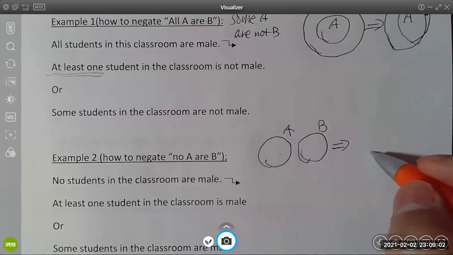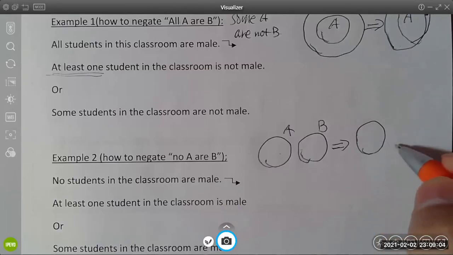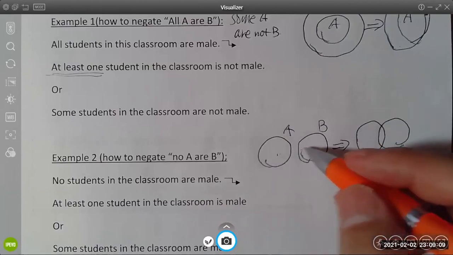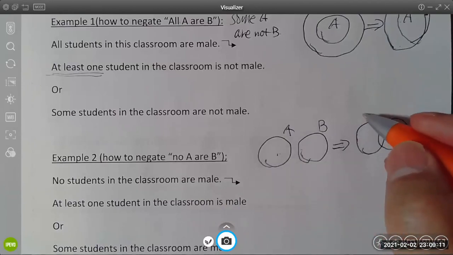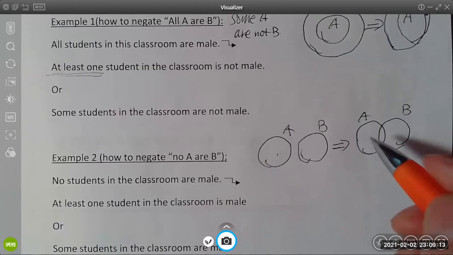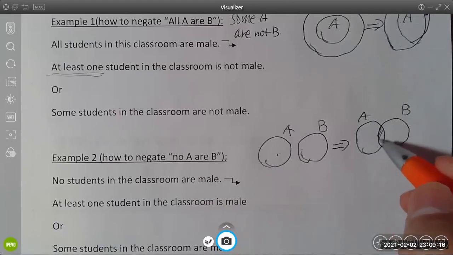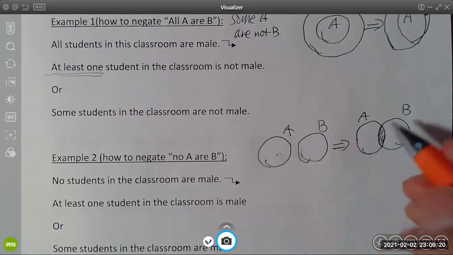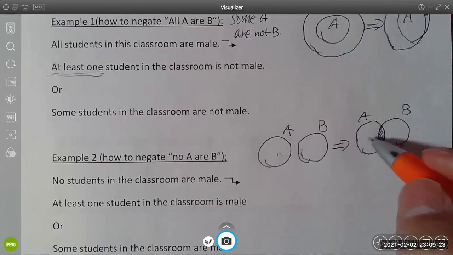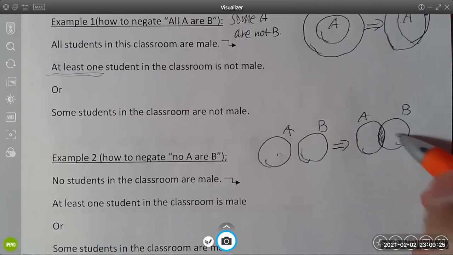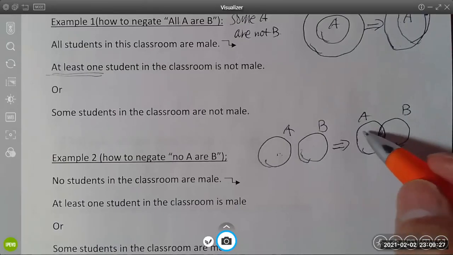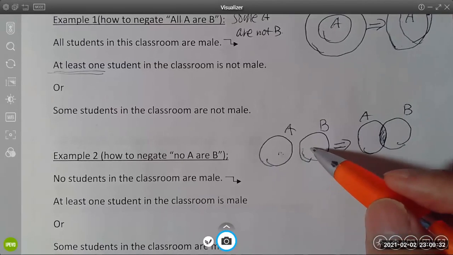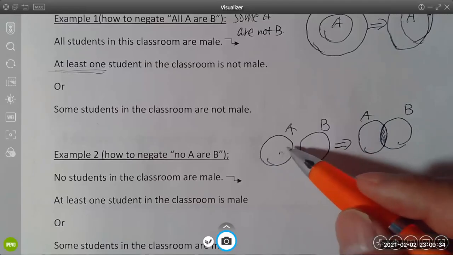You need to change it so that they overlap. As soon as they overlap just a little bit, it will change the original statement. This is A, this is B. So this part of A makes this untrue anymore, because you cannot claim no A is B, because this part of A is in B now. You don't have to move A entirely into B for the original statement to be false.